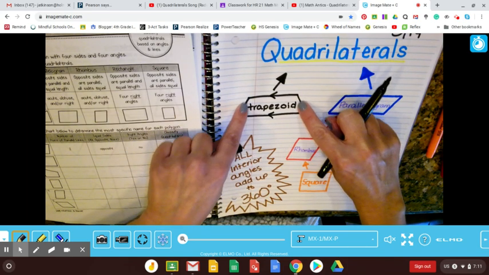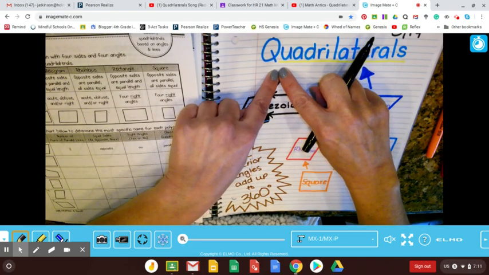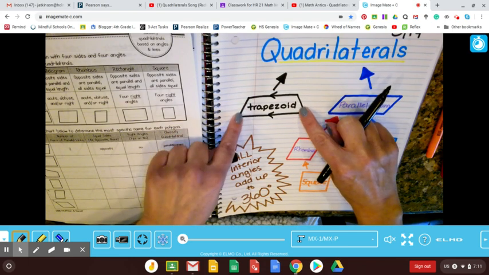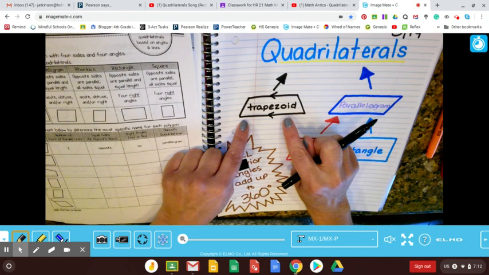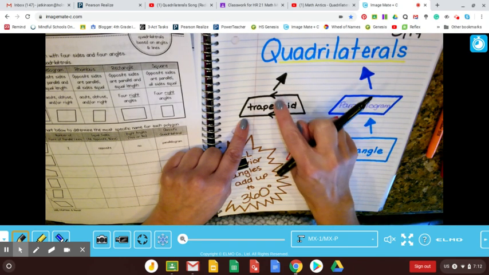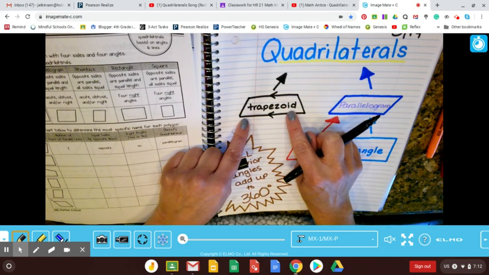On this side, we have lines that would eventually, boom, crash into each other right there. So these lines are not parallel. So whenever you have a figure that has 4 sides, it's considered a quadrilateral. However, it only has one pair of parallel lines, that we call a trapezoid.